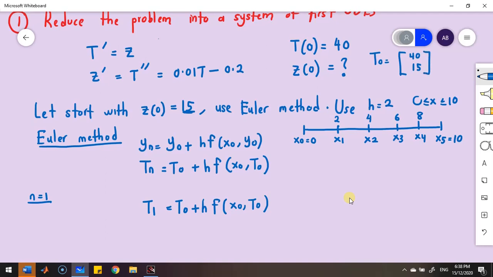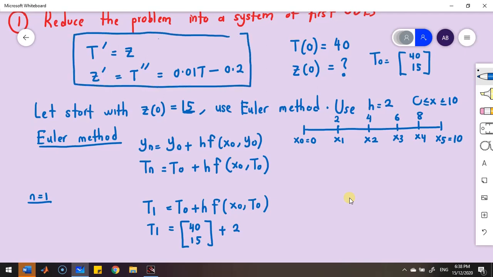So T1 equals the initial 40, 15 plus 2 times f, the problem. Start with Z, which is 15, and then 0.01 T naught, where T naught is 40, minus 0.2.